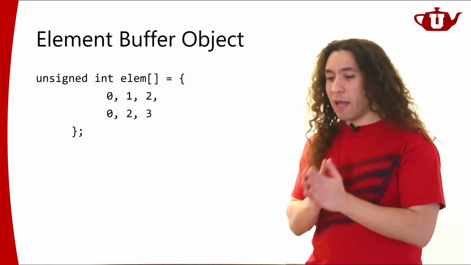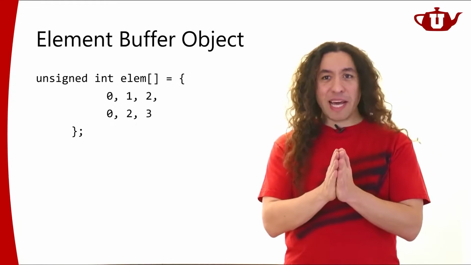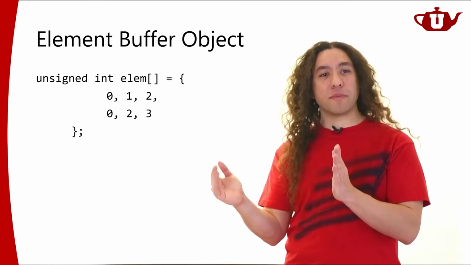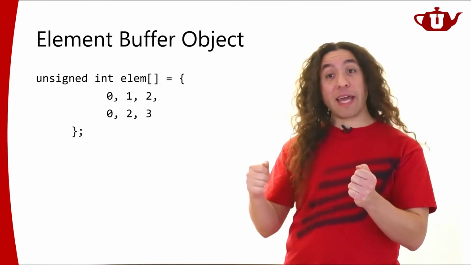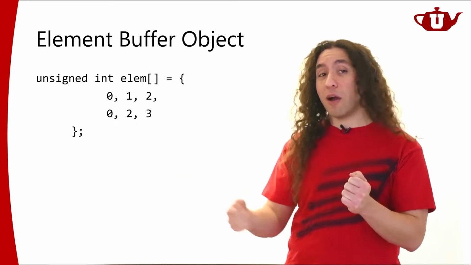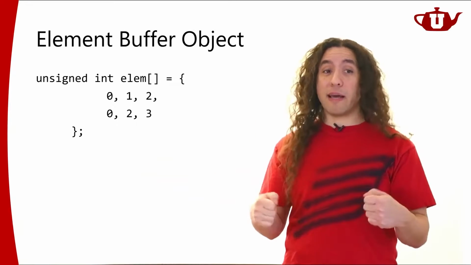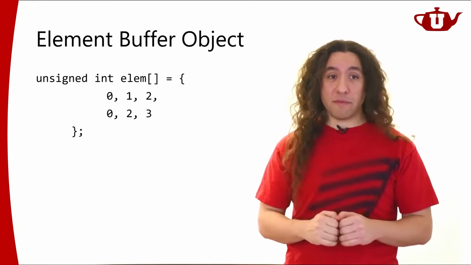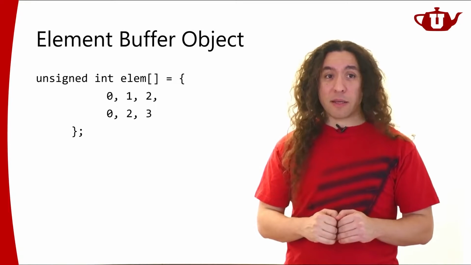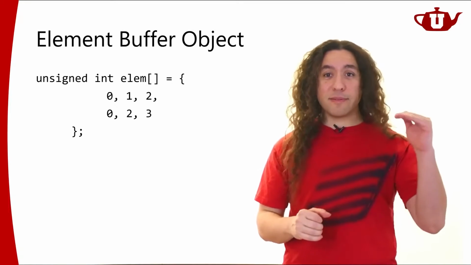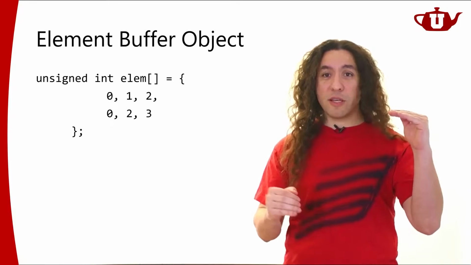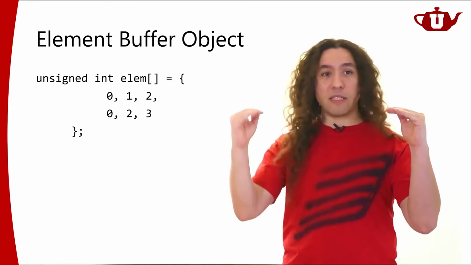So if I have a vertex that has a particular attribute, and the same vertex is getting a different attribute for a different triangle, I need to duplicate that vertex. I'm going to have two copies of that vertex, because I cannot have positions together with different attributes.